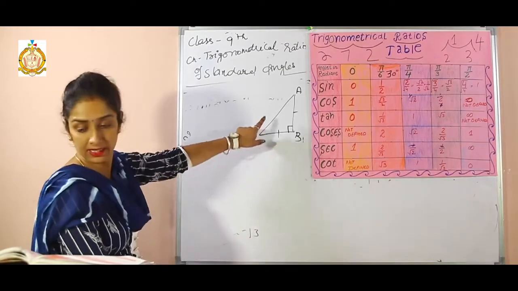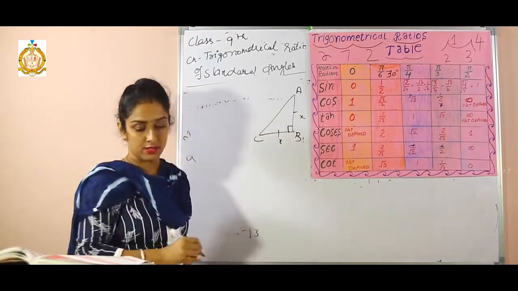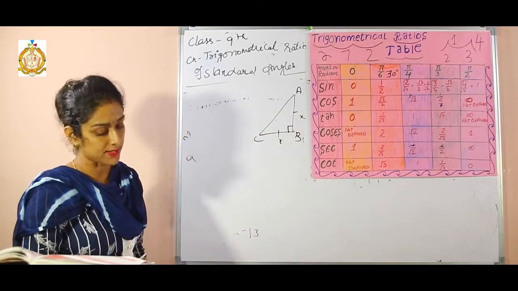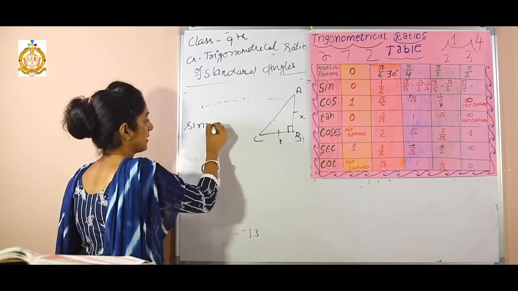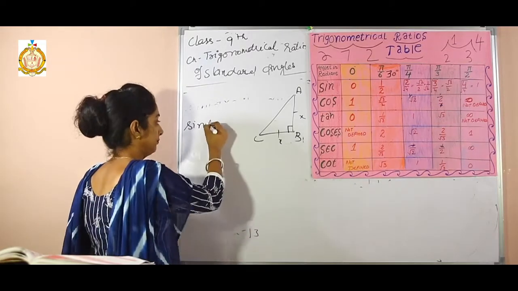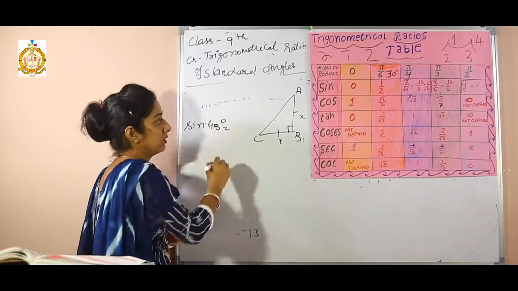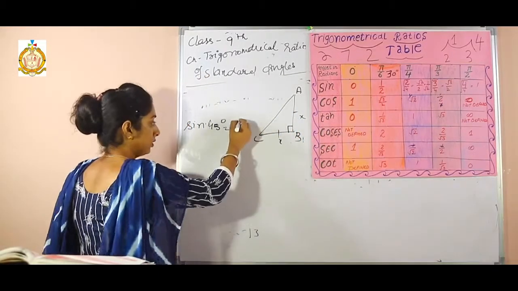See here AB and AC both are x, right? Now both are x, we have to find x. Now what is the value of sine 45? Sine 45 is 1 over under root 2.